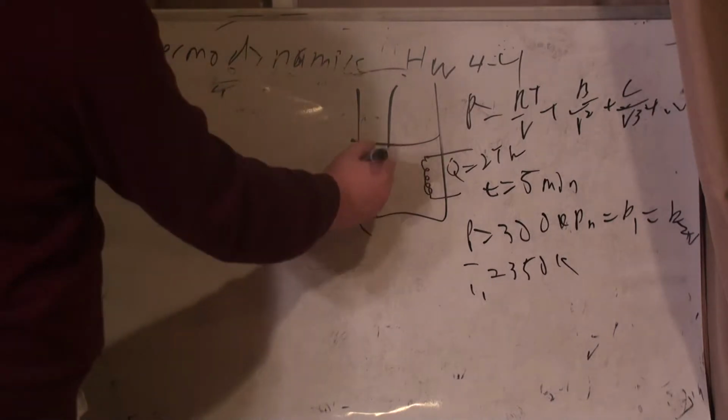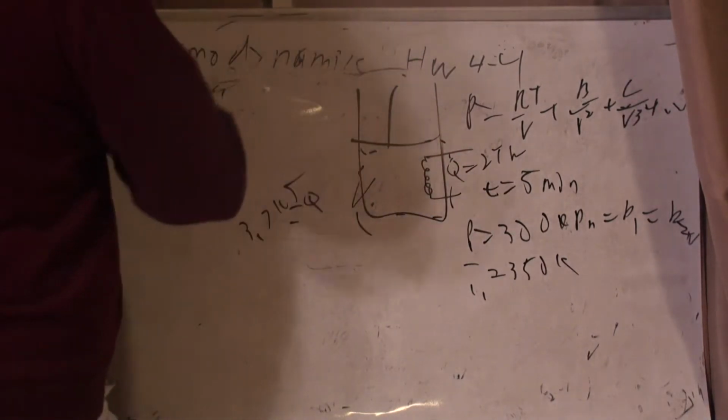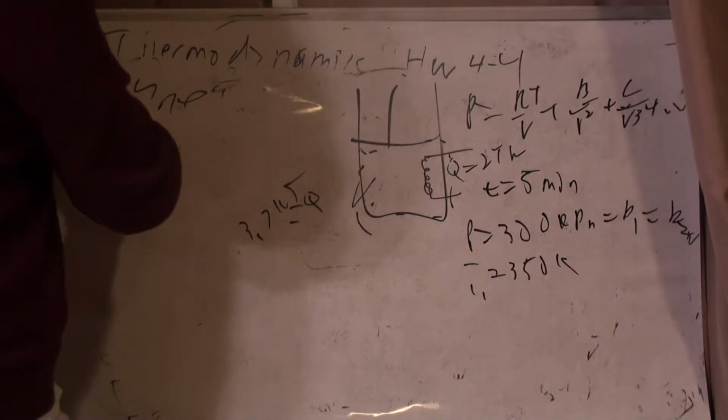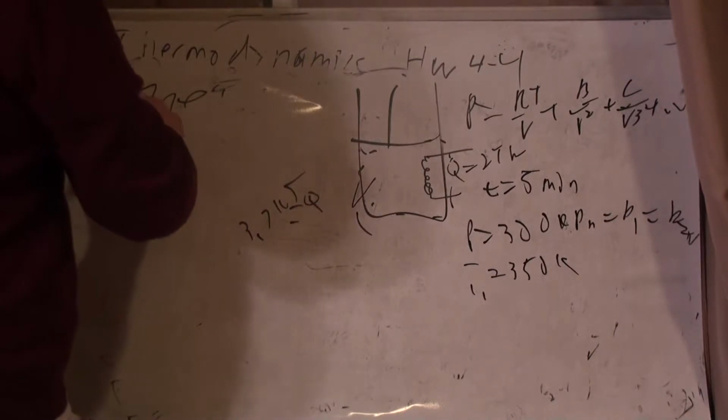Let's draw our boundary. Sulfur hexafluoride is not an ideal gas. The heat capacity might not be constant, so let's not assume it's constant. We are going to assume that there's no shaft work.